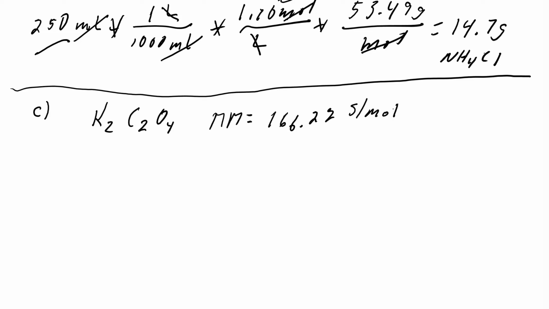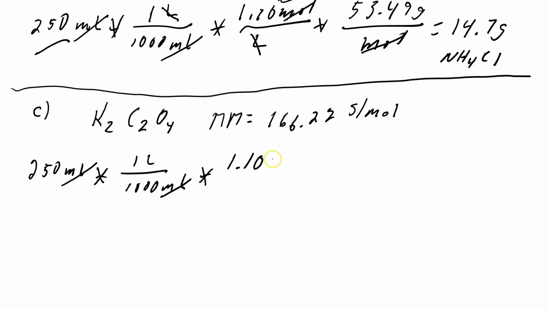The setup is exactly the same because, again, we're making up a 250 milliliter solution to the same concentration of 1.10 molar. So again, we start with 250 milliliters. We're going to convert that to liters, 1 liter over 1,000 milliliters. Then we're going to use our molarity conversion factor of 1.10 moles of potassium oxalate per liter.